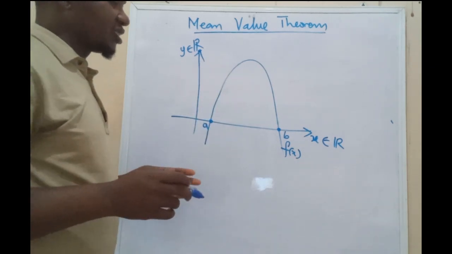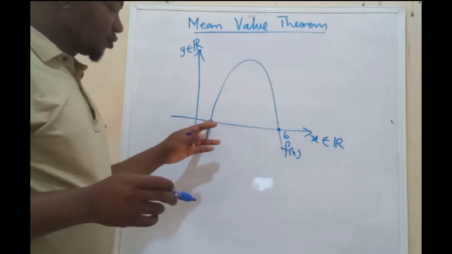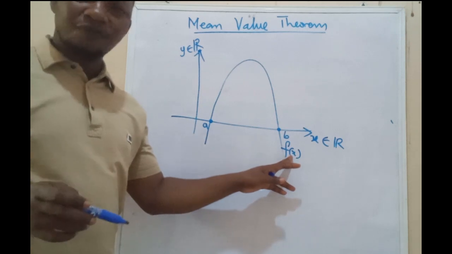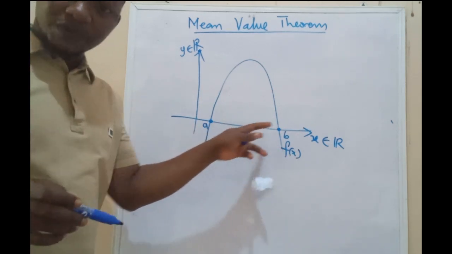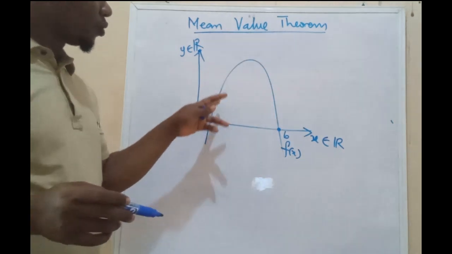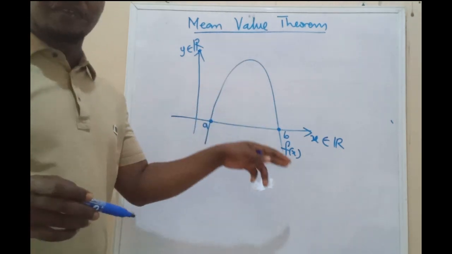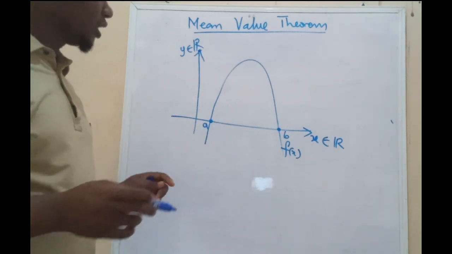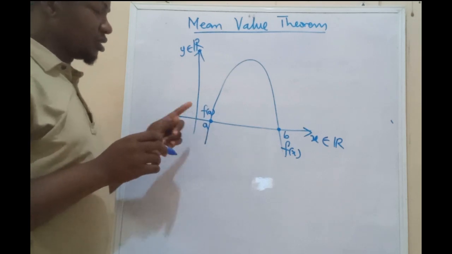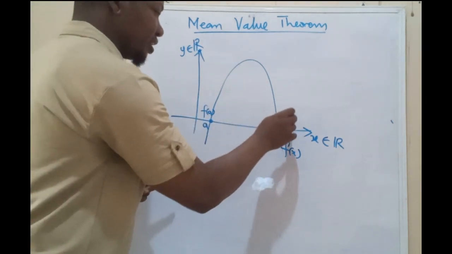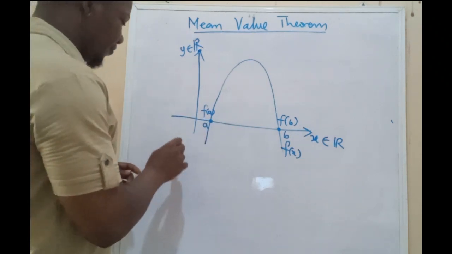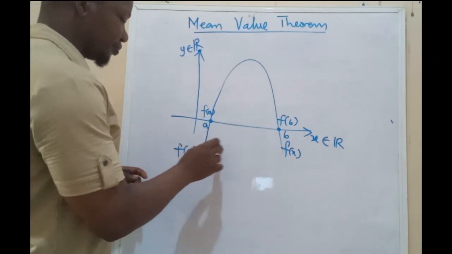The second assumption says that without these 2 points, the slope of this function is also defined in this interval. It means at any point of this interval, the derivative of this function exists. And thirdly, if you compute f of a and f of b here, obviously we'll see that f of a and f of b are the same.